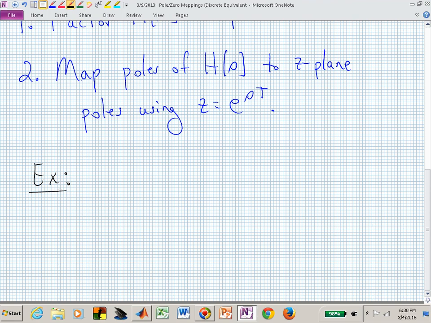As an example, suppose that I had that. That's about as trivial of an example as I can give you. Where's the pole? Is that system stable?